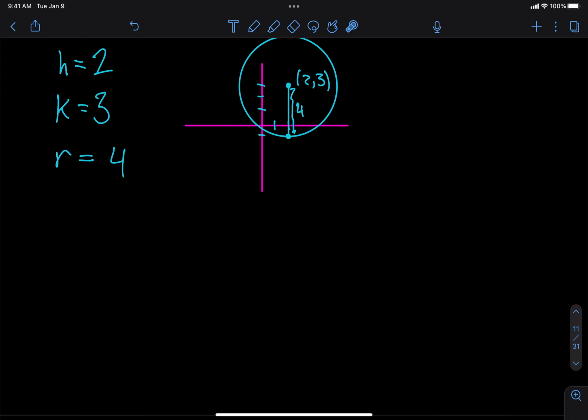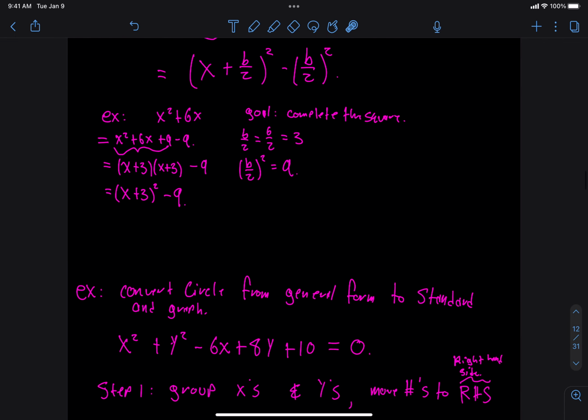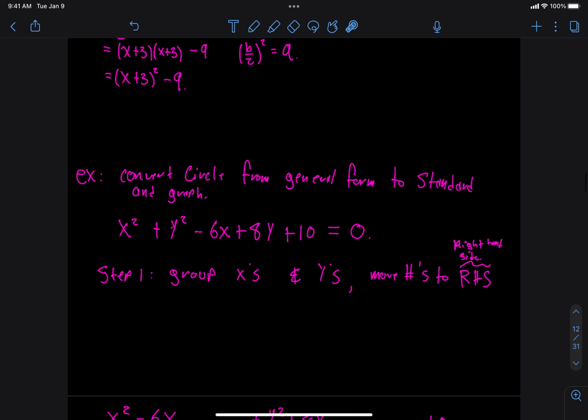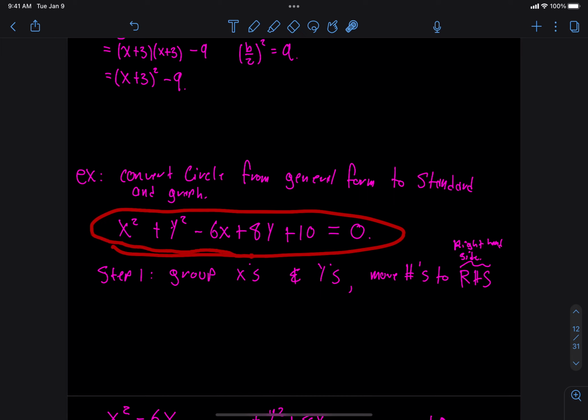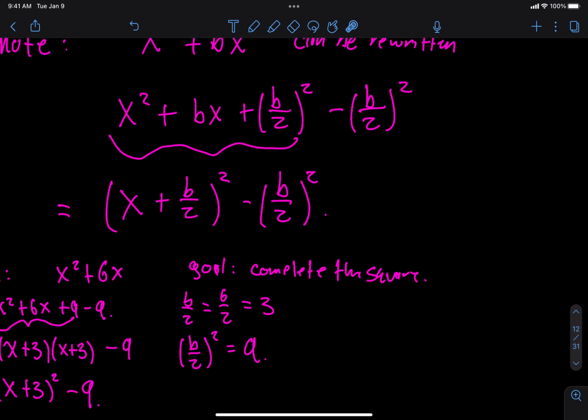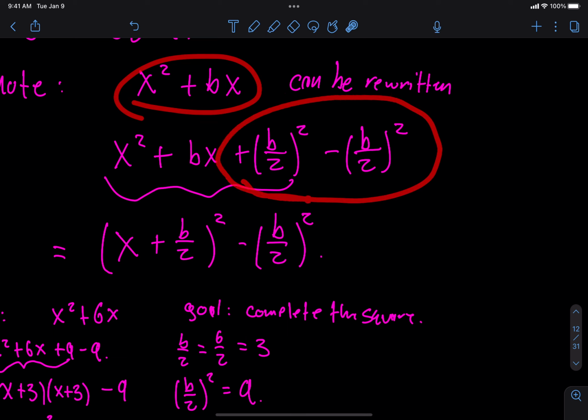So then we talked about completing the square, which was, okay, suppose I had an equation which I'm told does represent a circle, but it doesn't look like that standard circle form. So we learned how to convert between the two by completing the square. And completing the square was this really tricky thing where we temporarily make the equation more complicated than it was before by adding something and subtracting something.